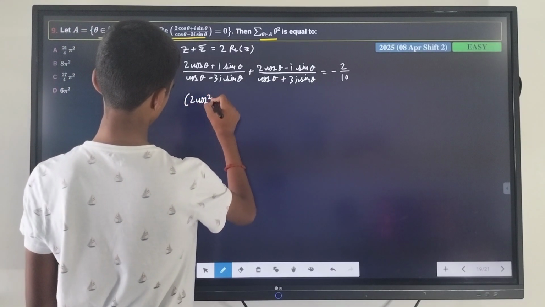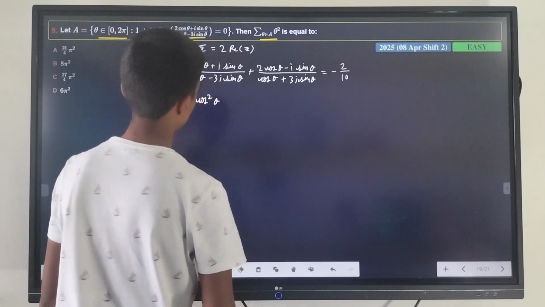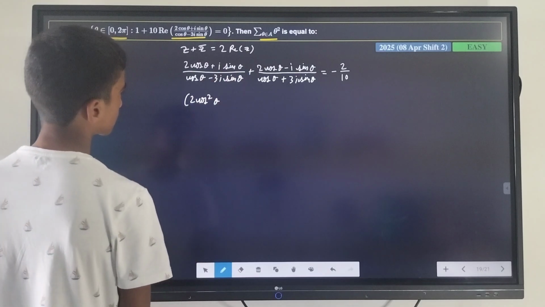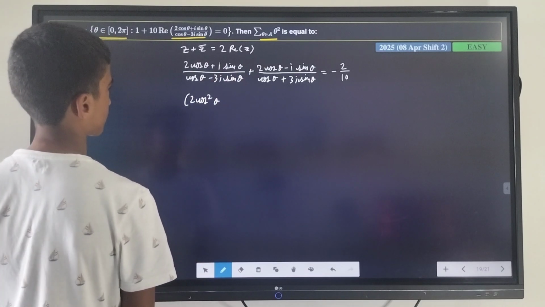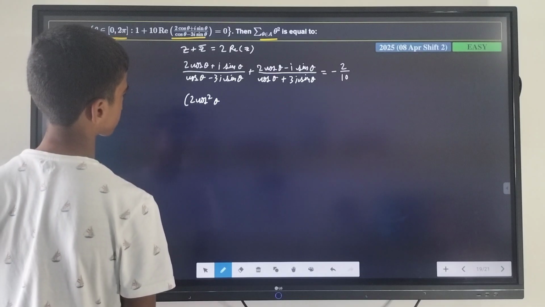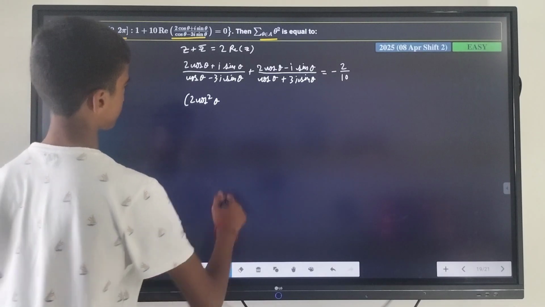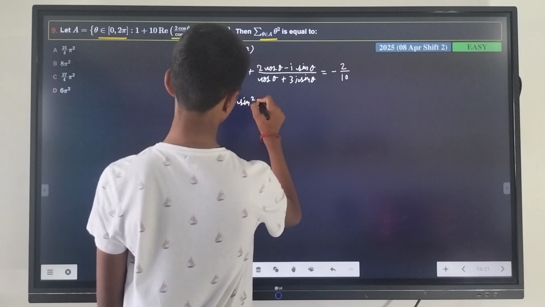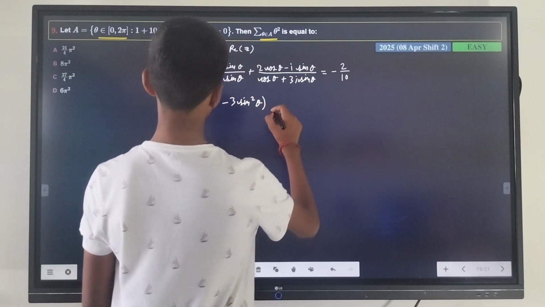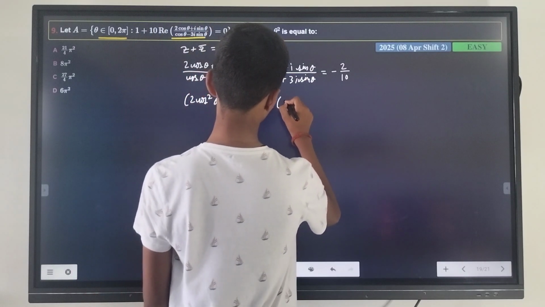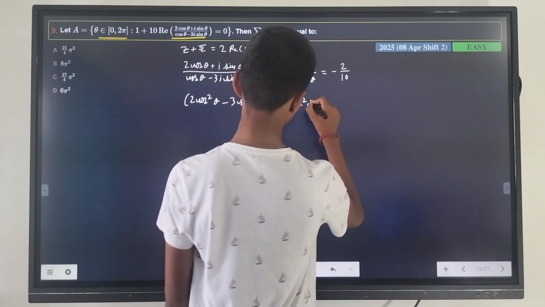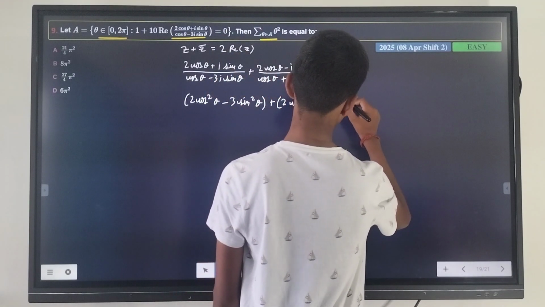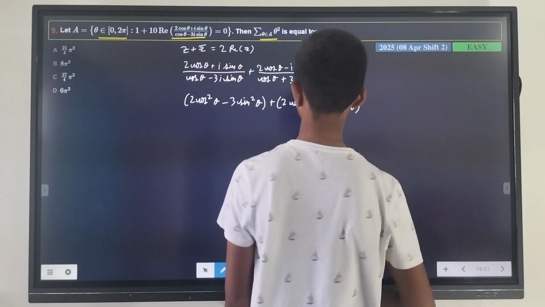First let's write the real parts of both of these two terms. 2 cos square theta minus 3 sin square theta and plus 2 cos square theta minus 3 sin square theta.